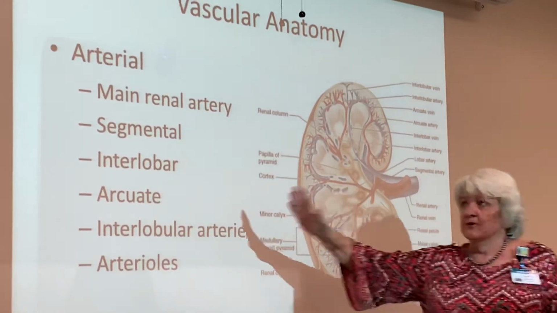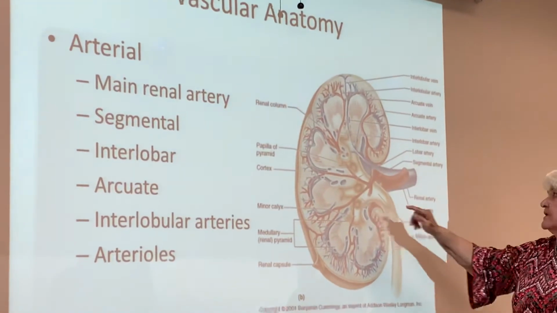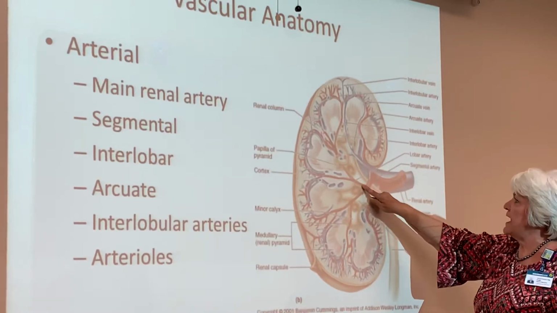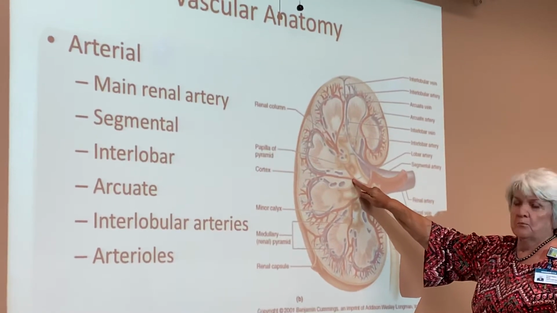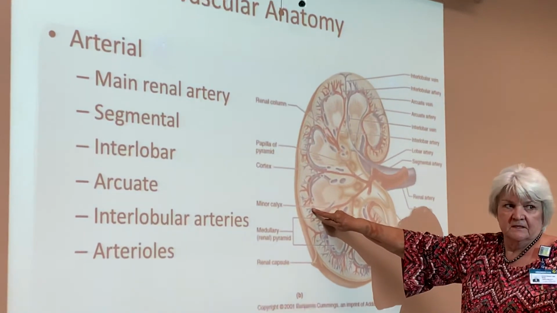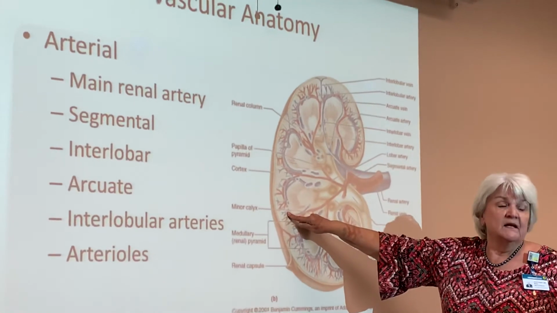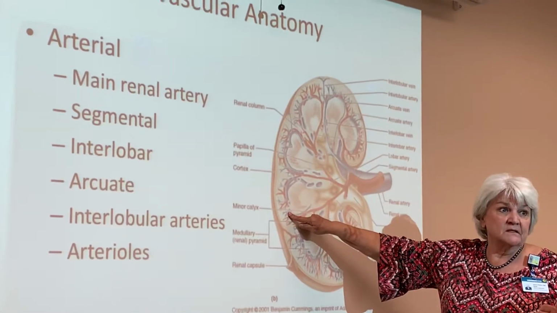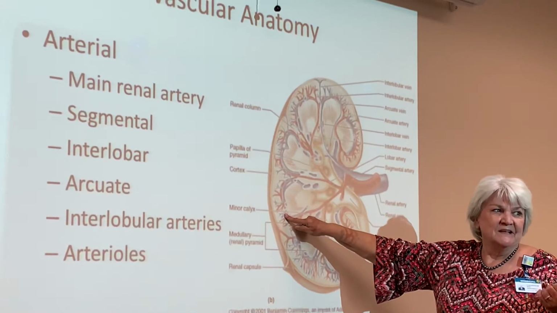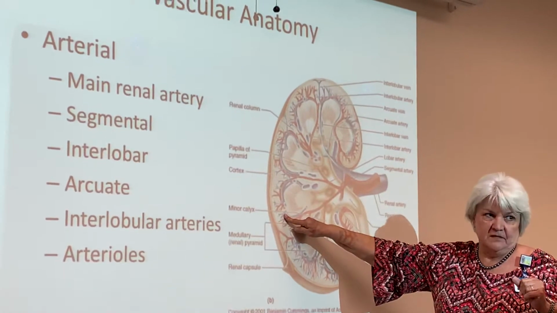Okay? So here's a list. And here's the diagram. So the arteries come in, and then you're going to have the interlobar, then you're going to have the arcuates, then you're going to go through Bowman's capsule and get your urine and all of that. And then for the efferent, we're going to go over that next whenever we go over the nephron.